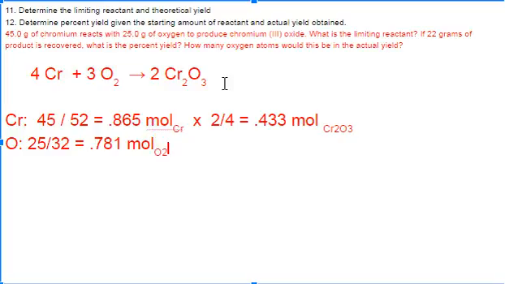But again, I can't assume just because it's less oxygen, it'll produce less product. So taking a look at the molar ratio, I get 2 moles of chromium oxide from 3 moles of oxygen. So when I multiply this, I actually get 0.521 moles of my product.